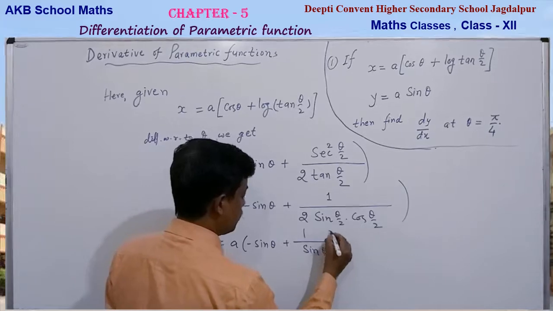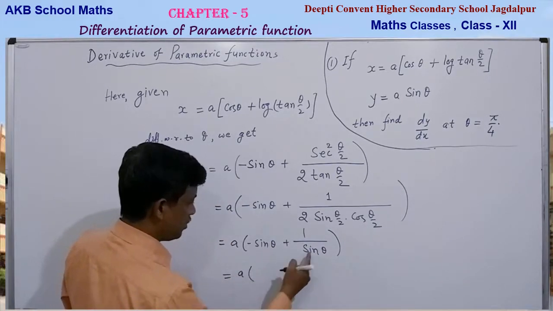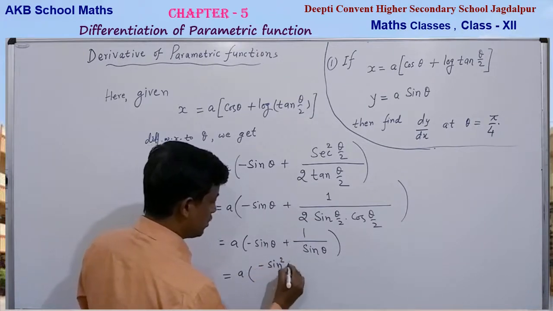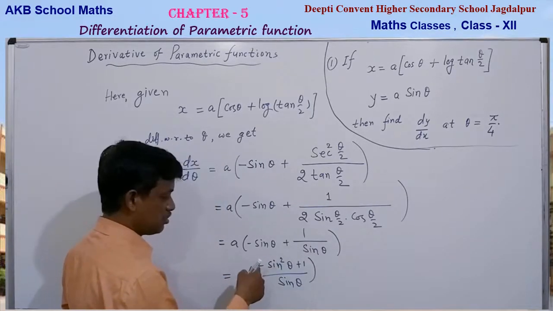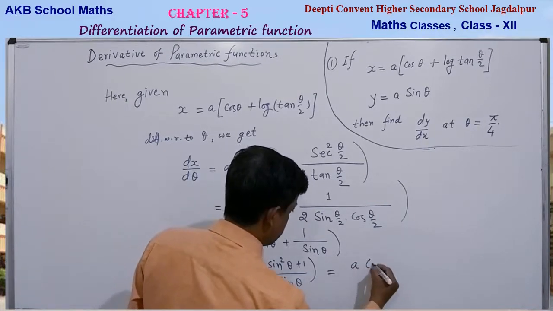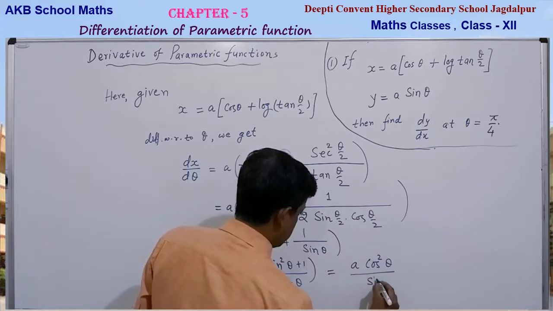We have to use the formula of sin 2 theta. So this equals a times, taking LCM, minus sin square theta plus 1 upon sin theta. So what is this? 1 minus sin square theta means cos square theta. So this equals a cos square theta upon sin theta.